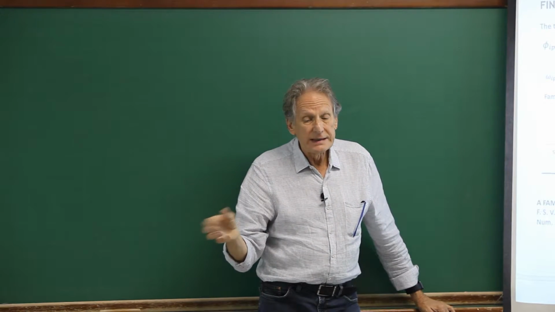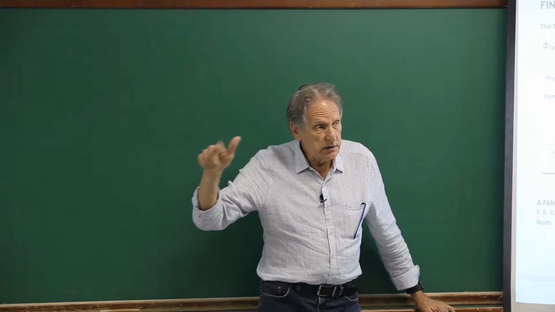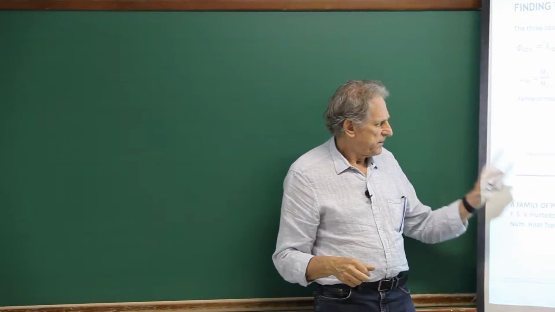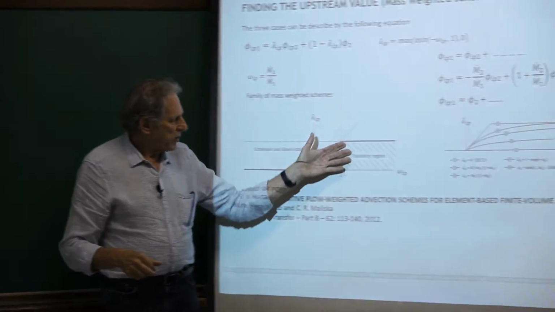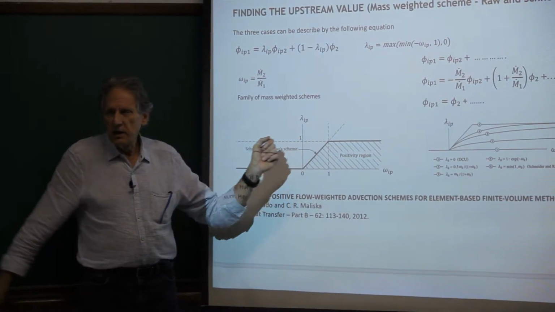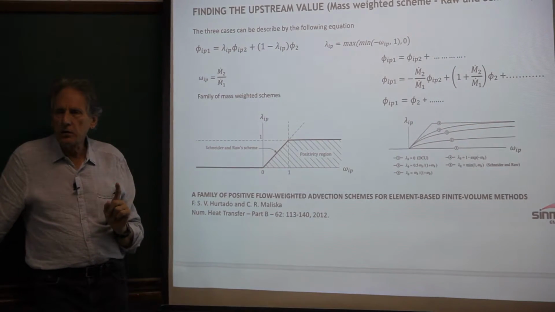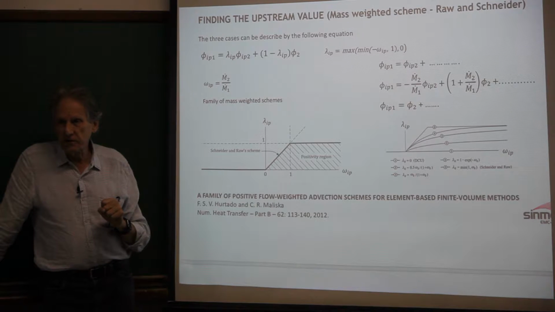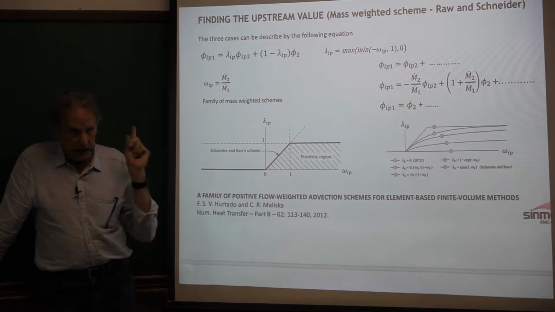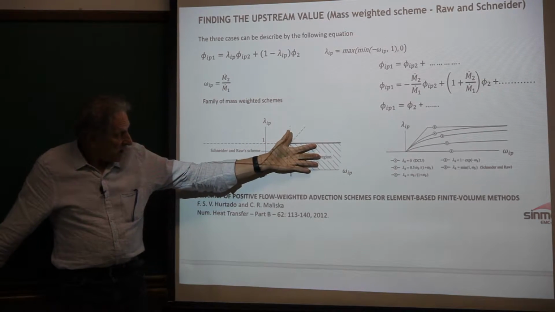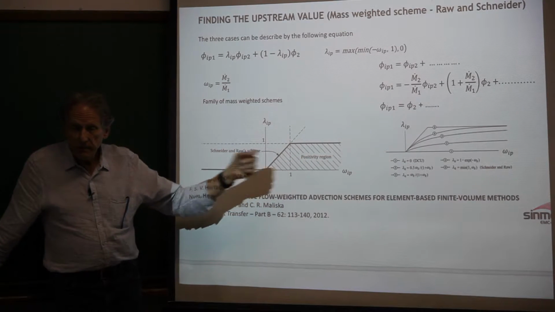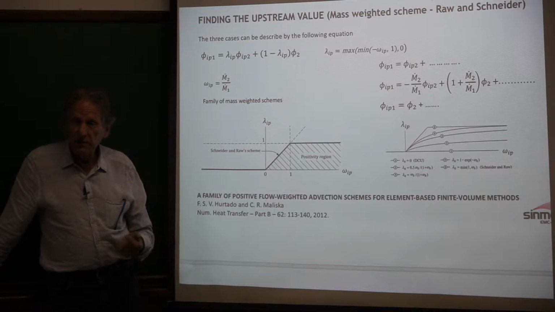Negative coefficients may introduce overshoots and undershoots. So this is the region of positive coefficients. It's not just the Raw and Schneider scheme which gives you positive coefficients. Any scheme which falls inside this region gives us positive coefficients.